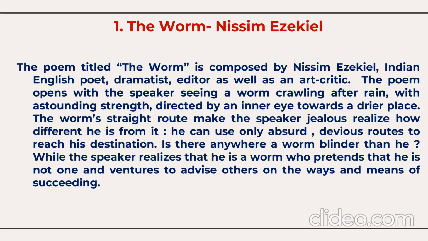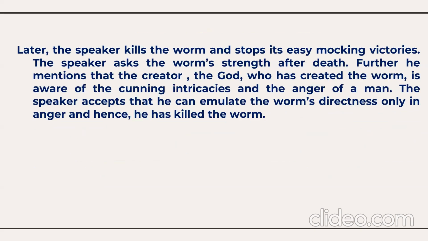The speaker realizes that he is a worm who pretends that he is not one and ventures to advise others on the ways and means of succeeding. Later, the speaker kills the worm, stops its easy mocking victories. The speaker asks the worm's strength after death. Further, he mentions that the creator, the God who has created the worm, is aware of the cunning intricacies, the complexities, and the anger of a man.